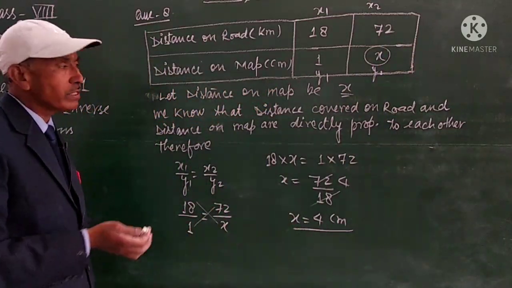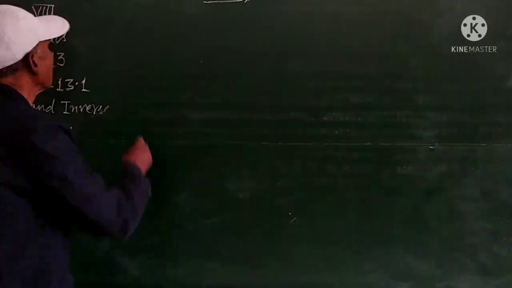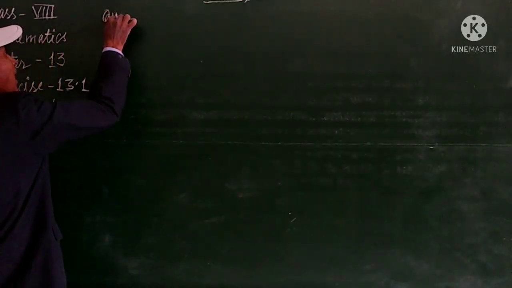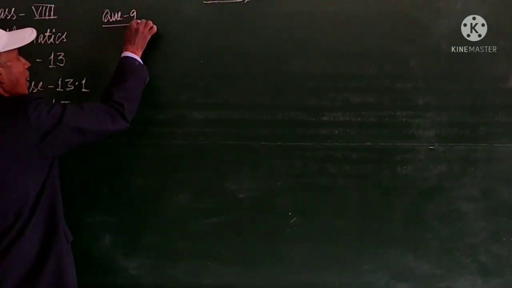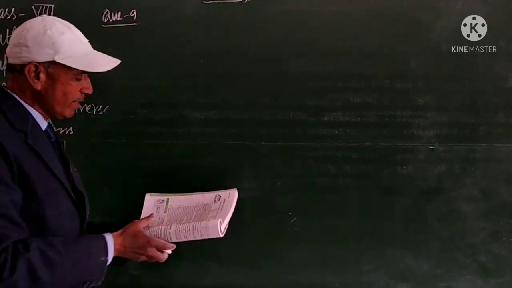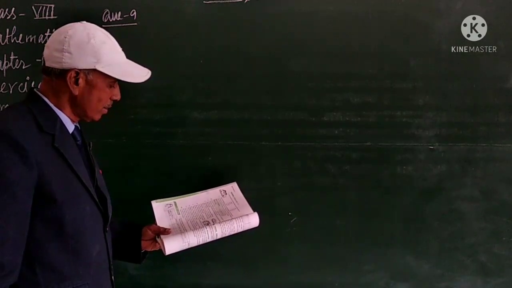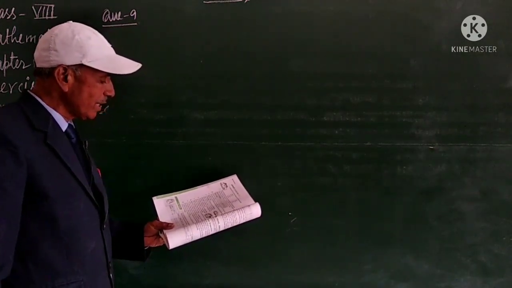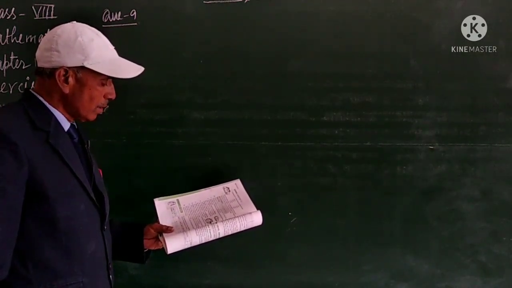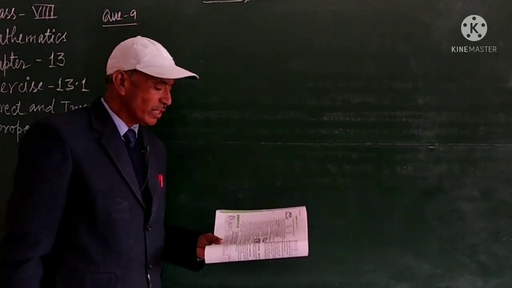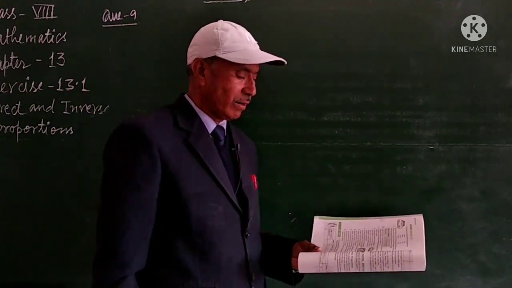Now we will solve question number 9. In this question, student, it is given that a 5 meter 60 centimeter high vertical pole casts a shadow 3 meter 20 centimeter long.